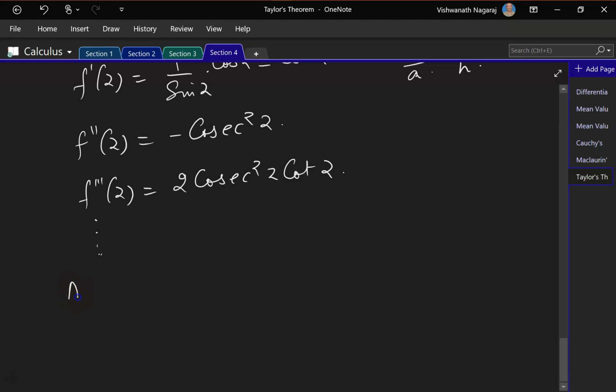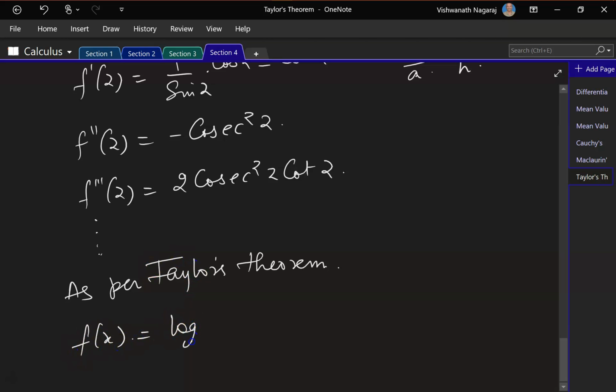So as per Taylor's theorem, f of x would be log of sin of 2 plus (x minus 2). Remember, this is h, and then f of a, so this is cot 2, then minus, right?